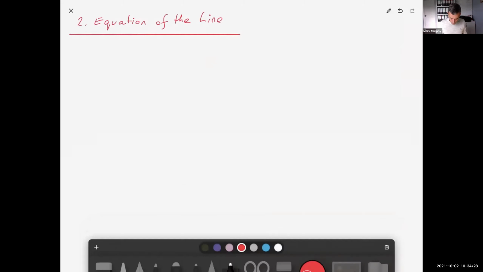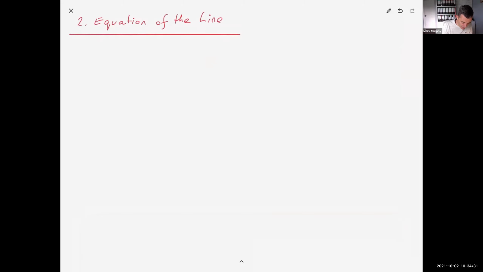So the next one then is equation of the line. If we take the slope formula that we had in section 1, which was, as we defined, m is equal to y2 minus y1 over x2 minus x1, in this case y2, y1, x2, x1 are known values. Now, we're going to let x2 and y2 be unknown.